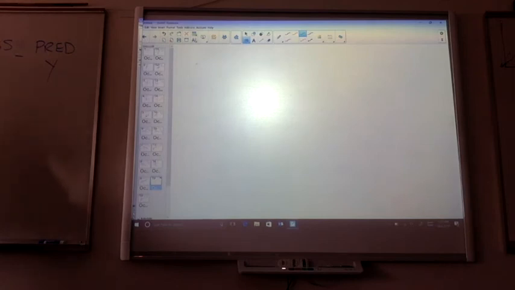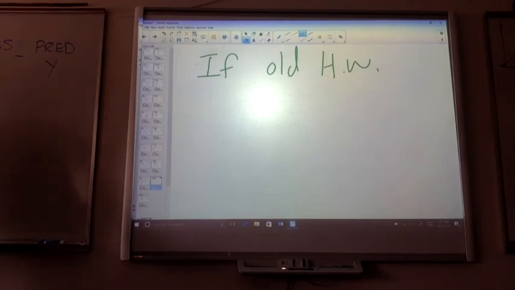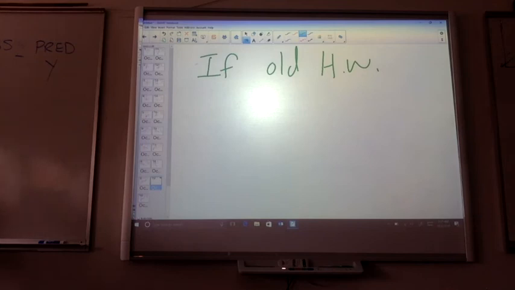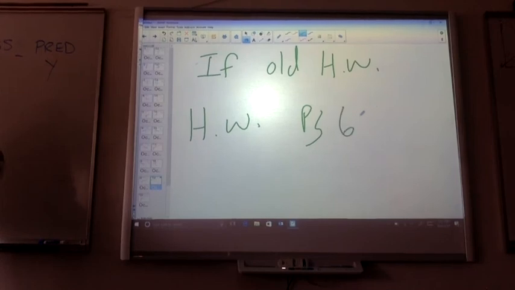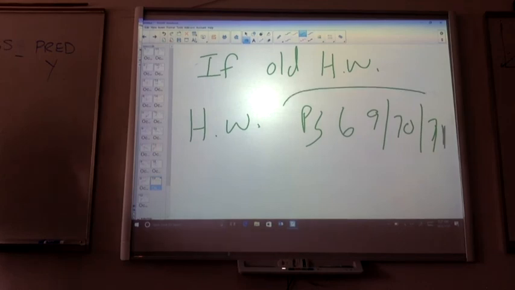So listen to directions carefully. If you're handing in old homework, not what I just marked off today, old homework, I need it put on this yellow chair. Your homework that I just marked off, pages 69 to 72, keep at your desk.